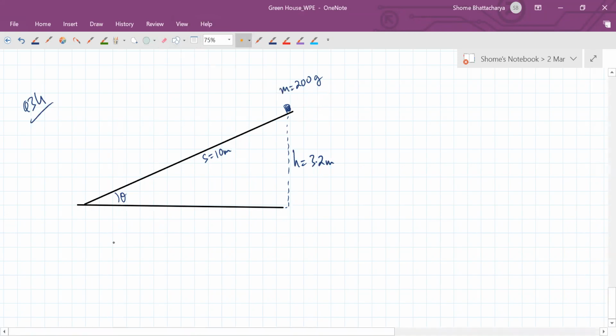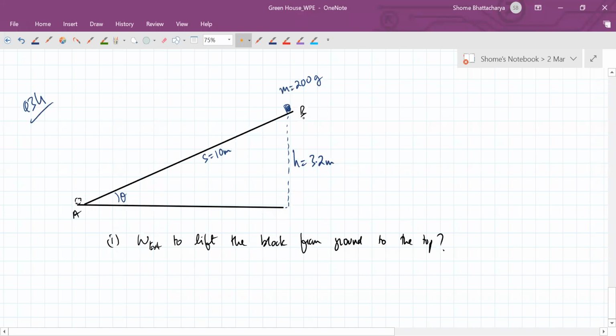Now the first part asked is to lift the block from the ground and put it at the top. What is the work done? The work done by the external agent to lift the block from the ground to the top. So basically this is the ground level, let's say.